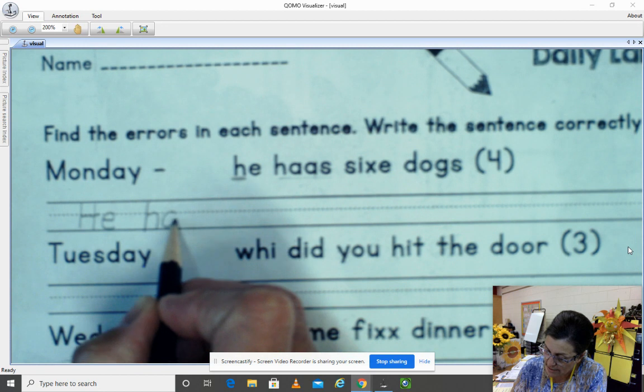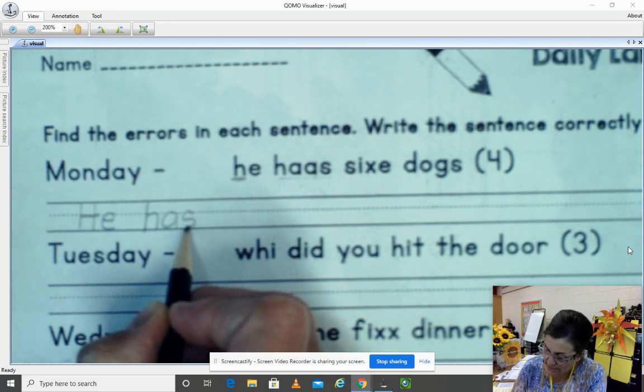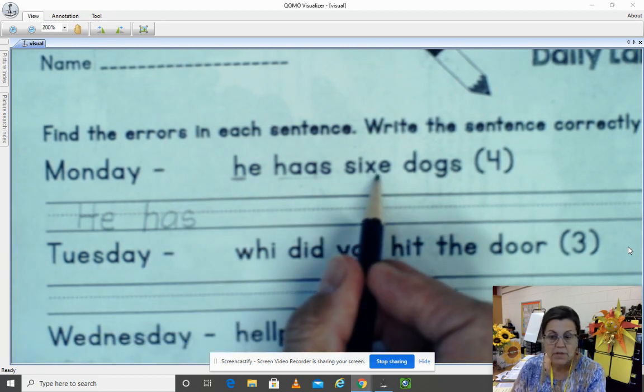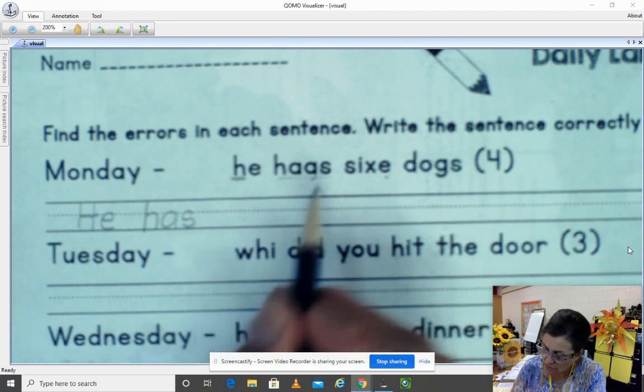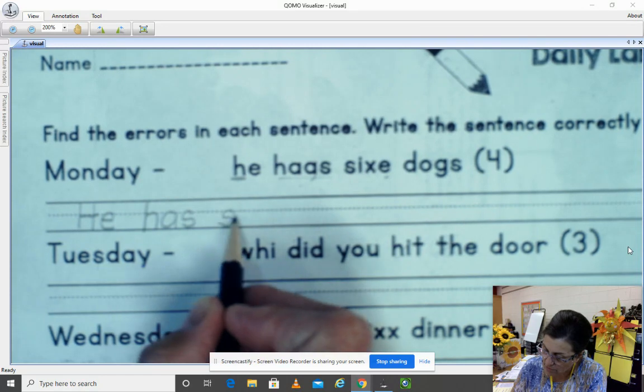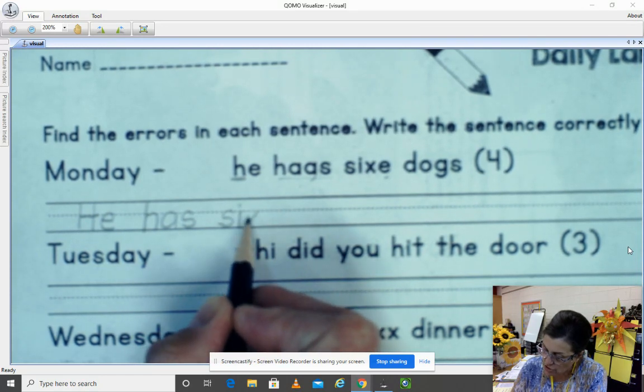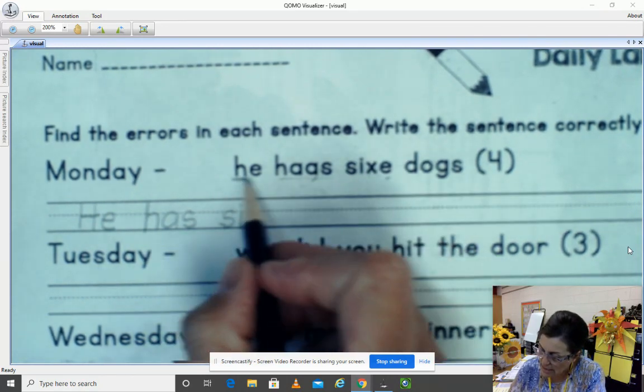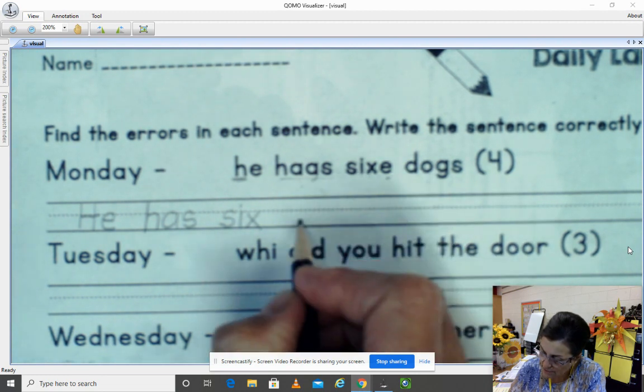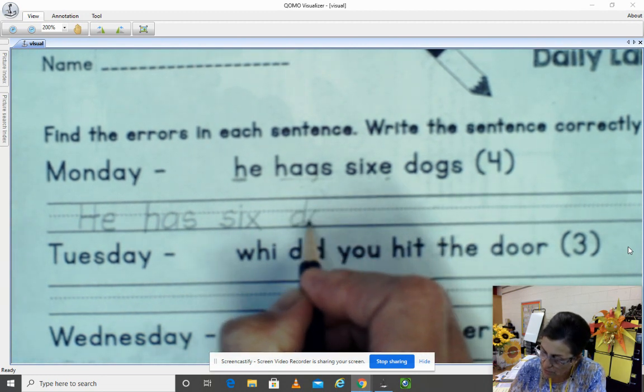There's just 1 A. And I'm working to do my very best handwriting. The word 6 does not have a silent E on it. So that's another extra letter. So I'm going to fix that. And I'm going to do my very best handwriting. He has 6 dogs. And dogs is plural.